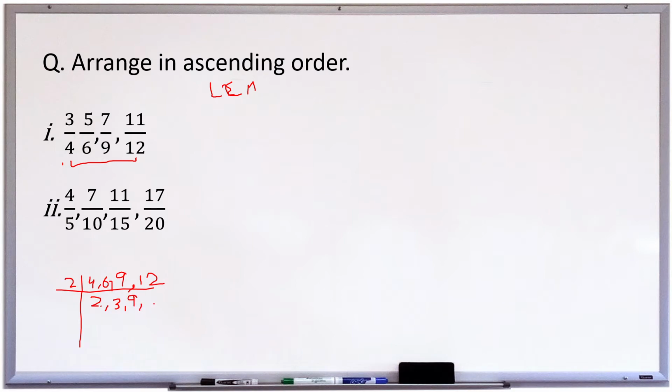If the numbers are not divisible by 2, then simply move towards the next prime number, but make sure to use prime numbers only. If 3 and 9 are there, 2 is not dividing them, so we will divide them with 3. And suppose some number is not divisible by 3, then move towards 7, because we always use prime numbers in LCM. This is a basic thing.